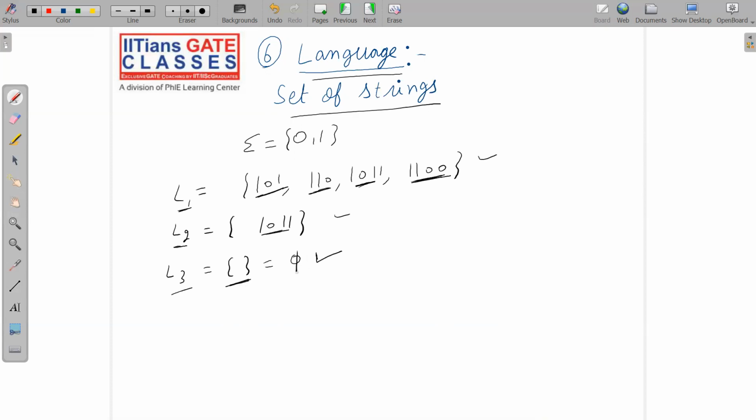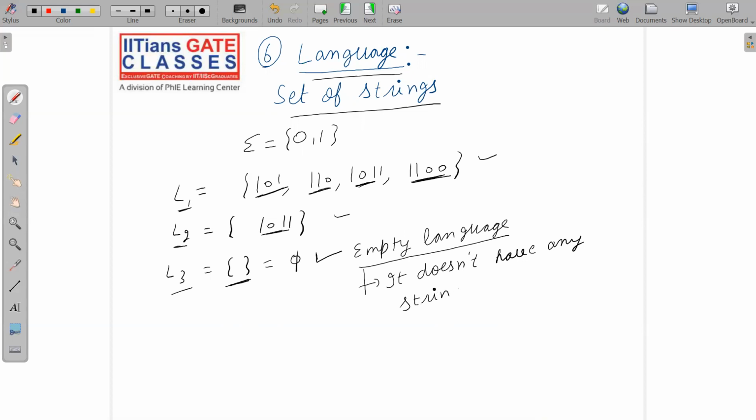So L3 is phi, and phi means empty language. Empty language means it does not have any string.